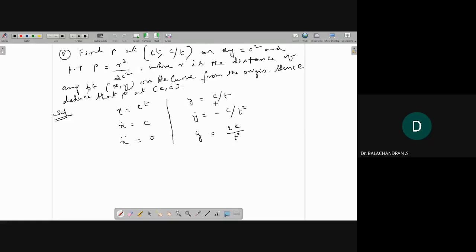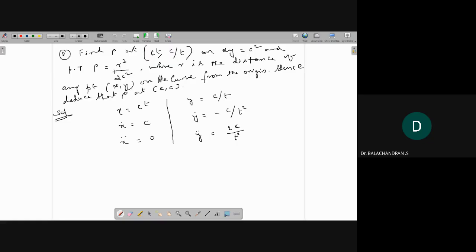I want to discuss this problem because it is a little different from ordinary problems. Similar types of problems I want to focus on more; I don't want to focus on routine problems. Find rho at ct comma c by t on the curve xy equal to c square. That is the hyperbola.